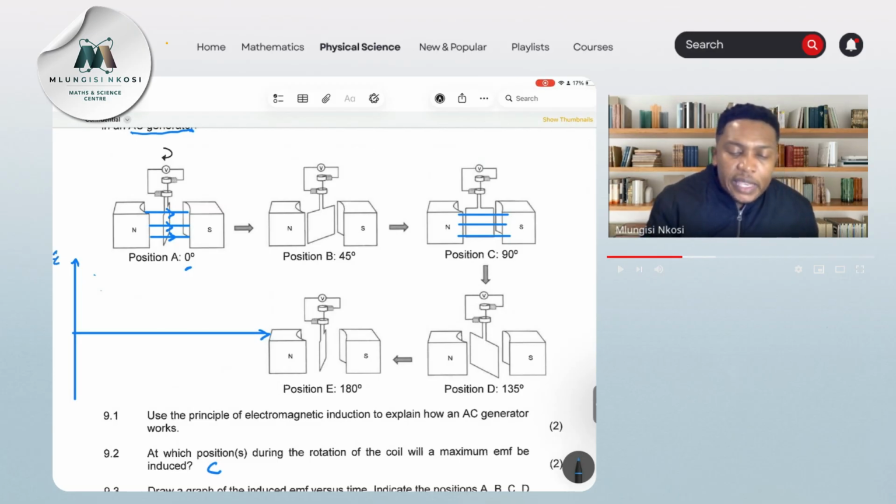What did we say? Over here, they're at 90 degrees to each other, so this is going to be 0. Then as I start to rotate, I can see that it will start increasing, and it will be maximum at C.